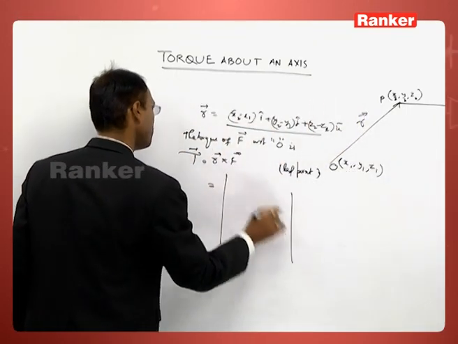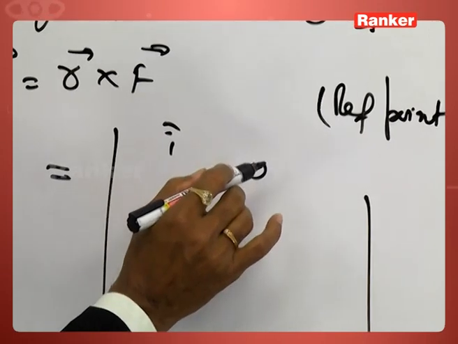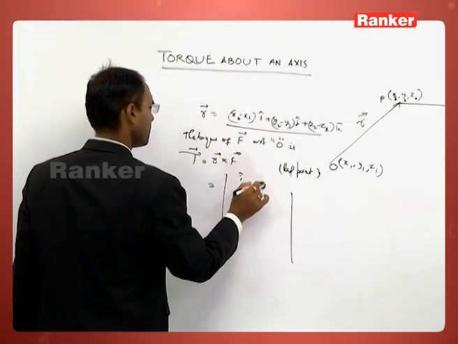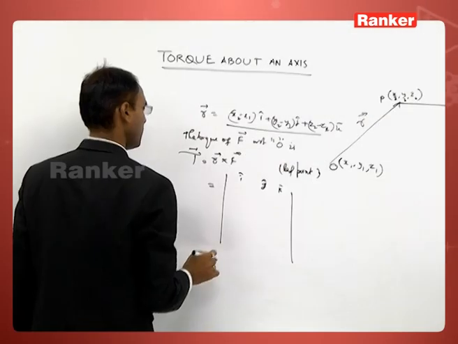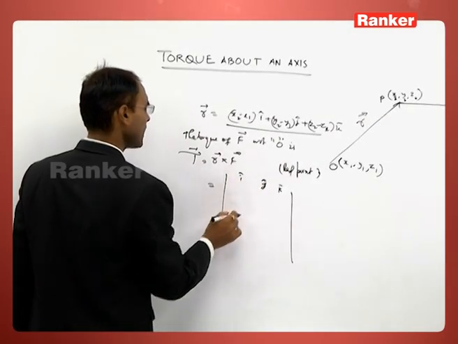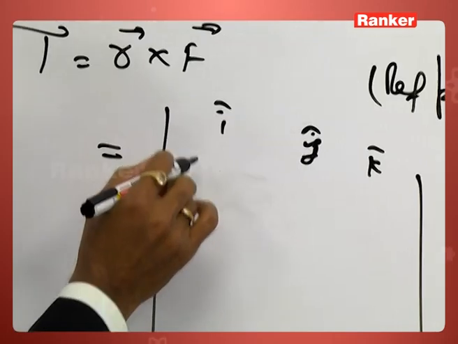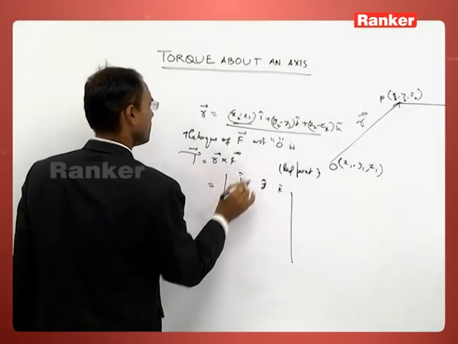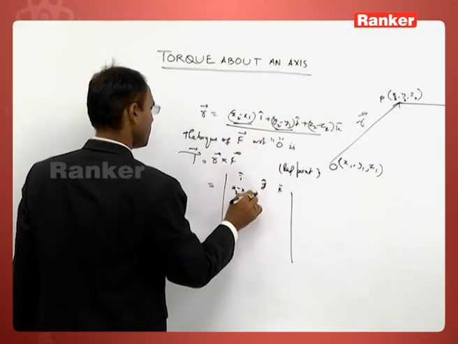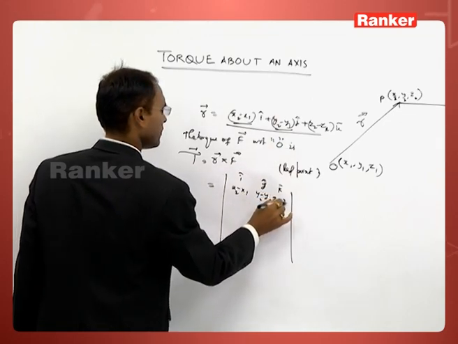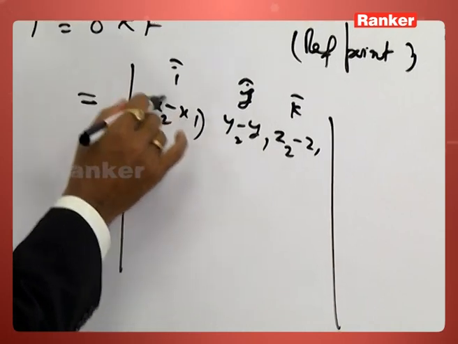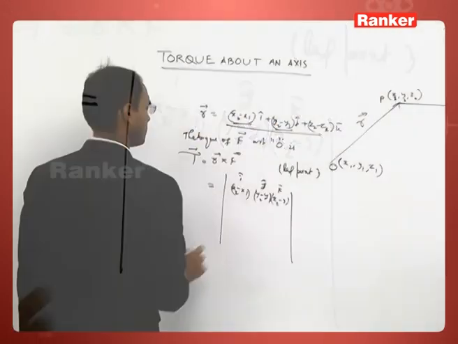In tabulated form, we can write in terms of determinant: i cap, j cap and k cap; x component of the R vector, y component of the R vector, z component of the R vector. The three components of the position vector we have written.